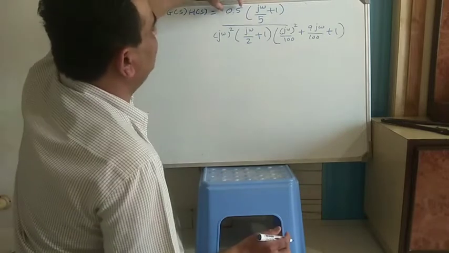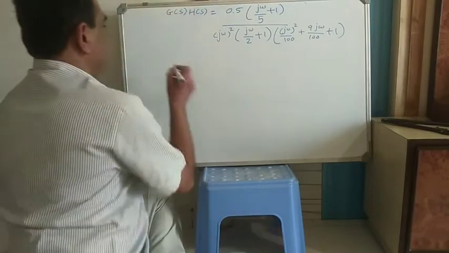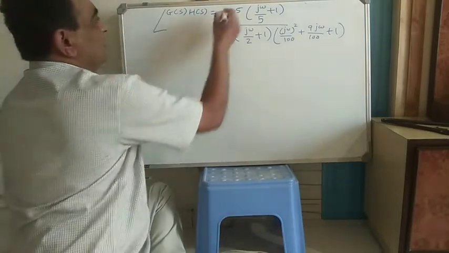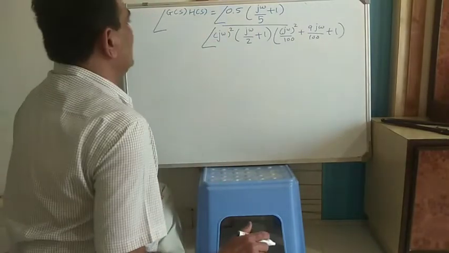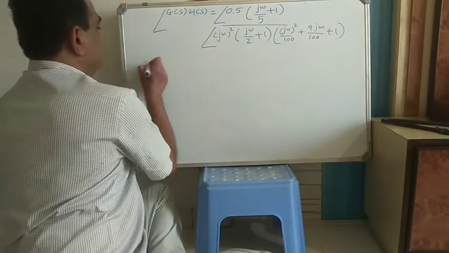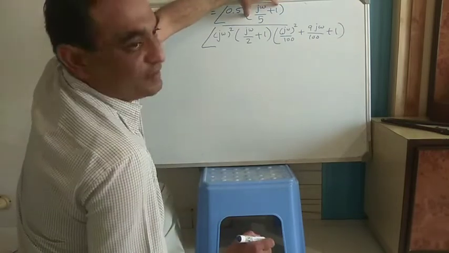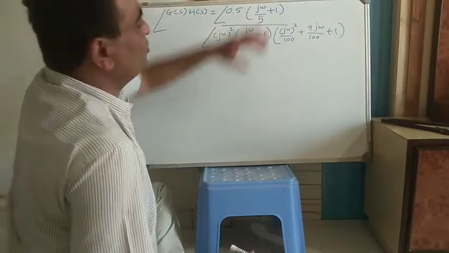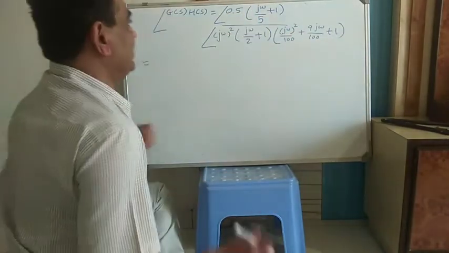So I don't need to find the phase for 0.5. For the constant term, there is no phase. So I need to find the phase of this. The phase contribution from the numerator term would be positive, from the denominator term would be negative.